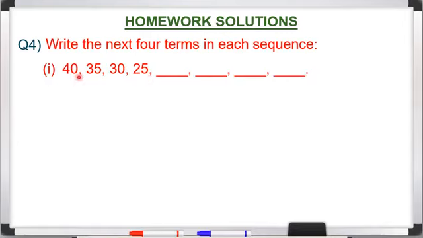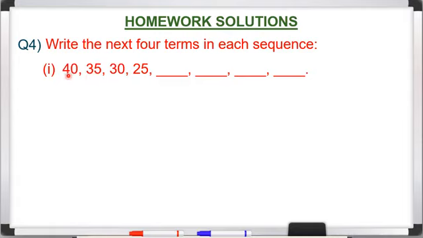Here beta, this number series is given and you have to write the next 4 terms in these blanks. Clear beta? See, first of all, this number series is given in descending order. So we have to find out the difference between the first two given numbers.